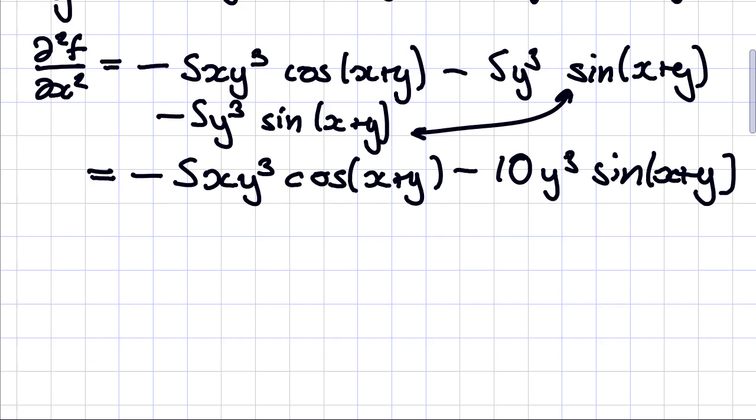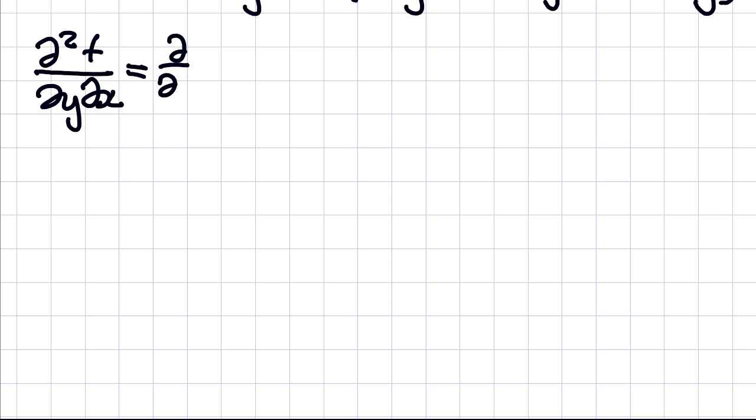Now I need to calculate the cross derivative. So that's going to be d2f dy dx. So that's d by dy of df dx. And we'll just remind ourselves what df dx is.